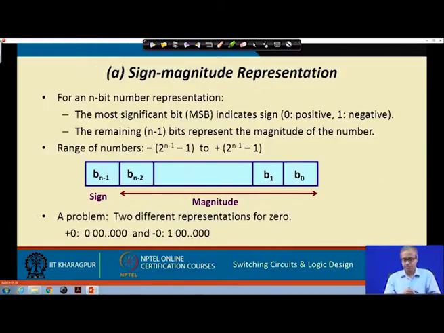But there is one issue here, you can see that in this representation 0 is represented by 2 different bit patterns, because for the number 0 the magnitude obviously will be 0. So, these will be all zeros, but the sign can be either 0 or 1, it does not matter, because one will indicate plus 0, other will indicate minus 0, but technically speaking both are zeros, right, plus 0 or minus 0.